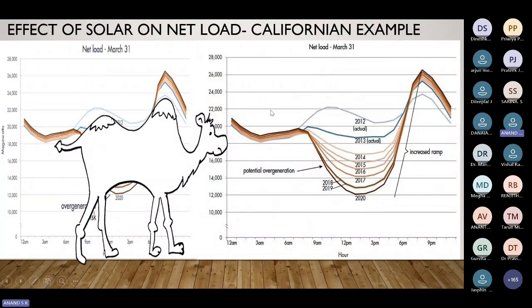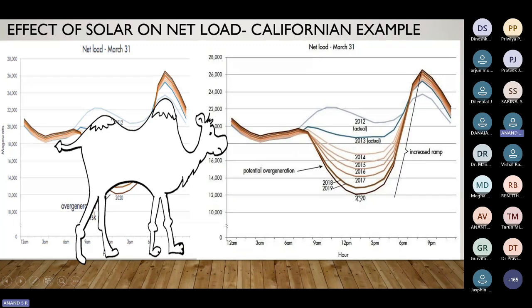Now, what will happen if you go for solar generation? In 2012, they had a condition, they had a curve like this one. In 2013, the daytime demand reduced because of rooftop generation mainly. And in 2014, it came down further during daytime.